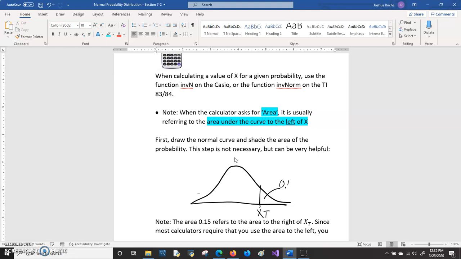We know that the area to the right is 0.15, but when using the calculator, we will want to use this area that's to the left. And to get that area, we'll find the complement. We'll do 1 minus 0.15, which is 0.85.